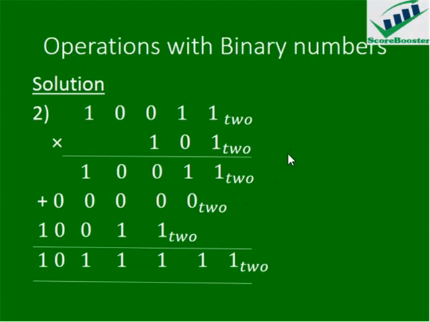You write down the remainder and carry the quotient to the next available bit. So that's the rule for addition.